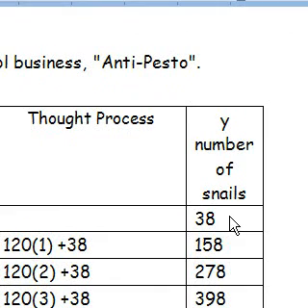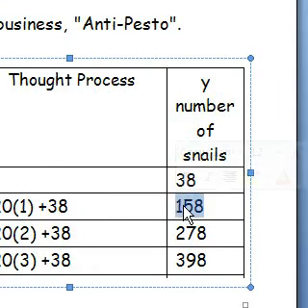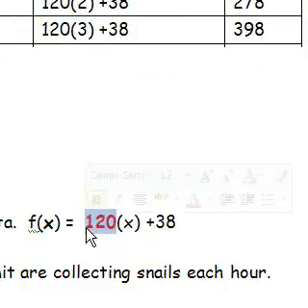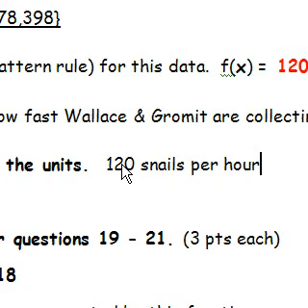We get it from our table up here, because the difference between 38 and 158 is 120. 120 what though? 120 snails per every 1 hour.